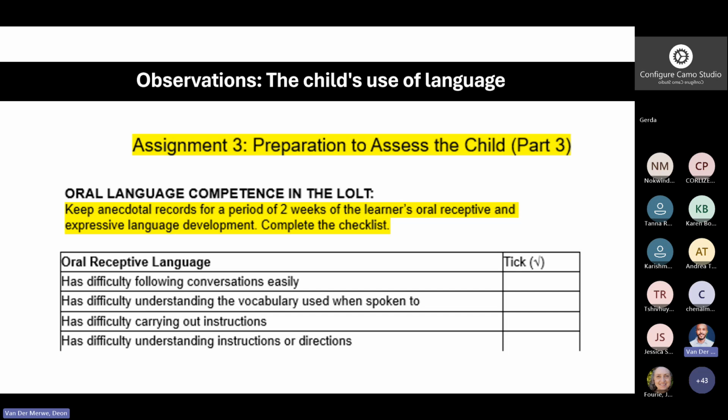And then also in terms of the child's use of language, observation can also help because as you observe, you can ask yourself, is there evidence of a problem in speech articulation? Does the learner have difficulty perhaps finding words?